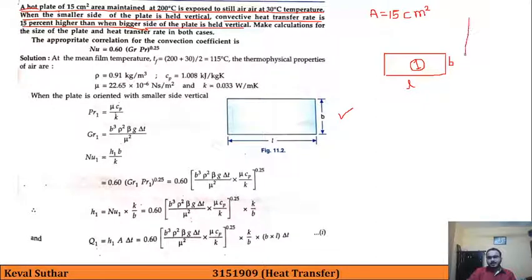And here this is the second arrangement, in which the bigger side of the plate is held vertical, L and B. Let us say this is the second arrangement, and Q1 is equal to 1.15 Q2.